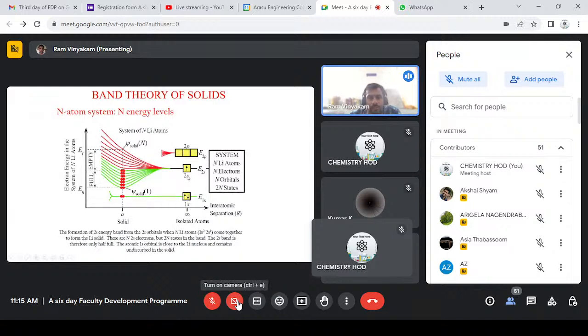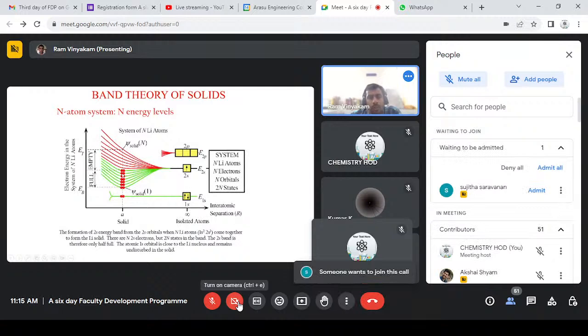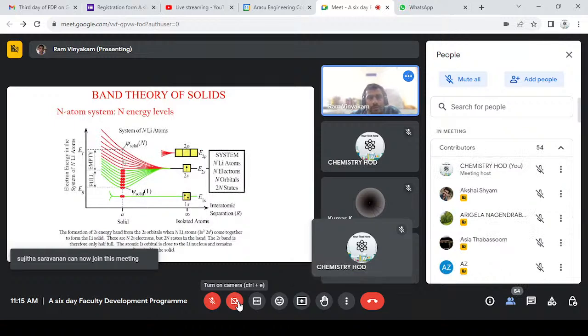When two lithium atoms are separated by a lattice parameter a, their interactions lead to the 1s level splitting into branches of levels, and this we refer to as a band. By Pauli's exclusion principle, two electrons can fit into a single energy level, so they will be degenerate. And when we move on, this s band itself will have an empty set.